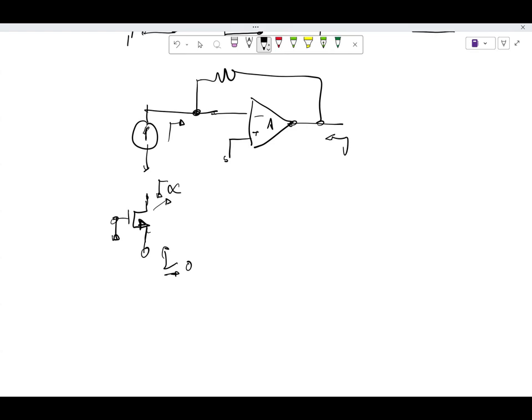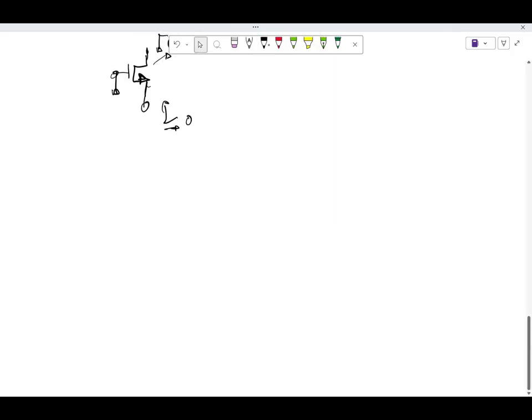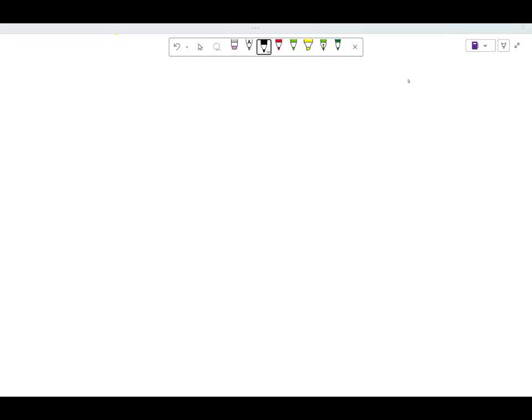Okay, fine. So let's do one example of this voltage controlled voltage source, the ideal op-amp scenario, right? Just to convince ourselves that this works. So let's do one example of a voltage controlled voltage source in a circuit. For example, we're familiar with this topology, right?